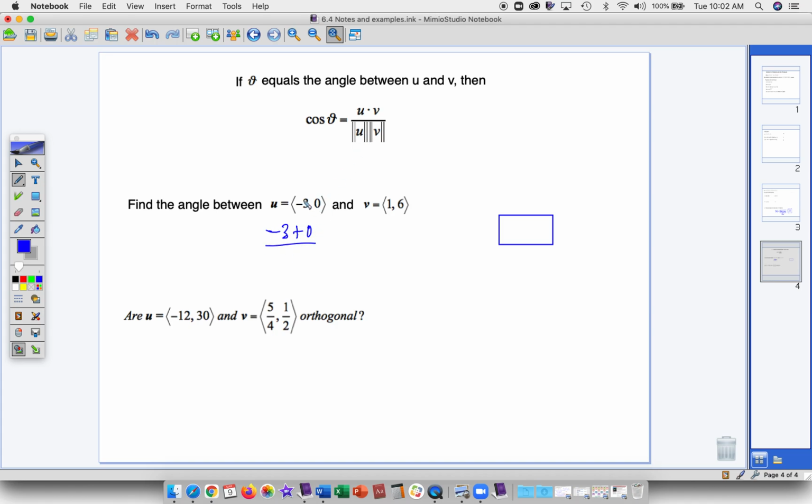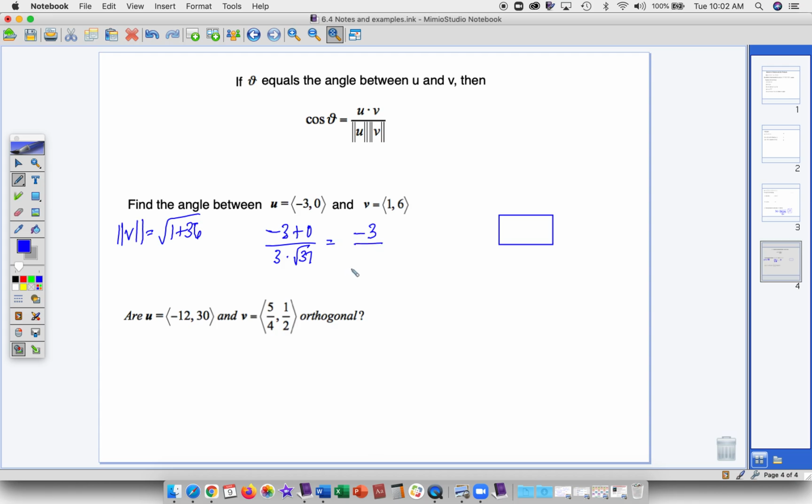The magnitude of u is just 3, and the magnitude of v, we have the square root of 1 squared plus 36, or root 37.